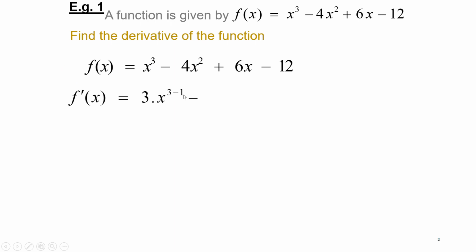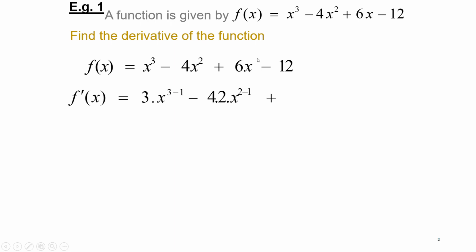Power rule. This one, similar thing, 2 is going to multiply by 4. Remember, this is for constant multiple rule. So 4 multiplied to 2, this 2 is in the power, so it comes in front. This 4 is from here, this x is from here, and 2 minus 1.